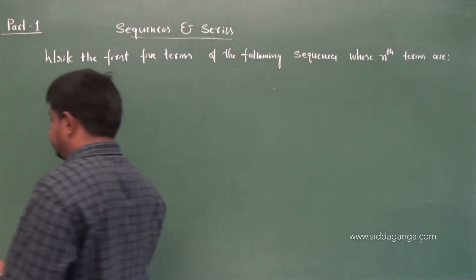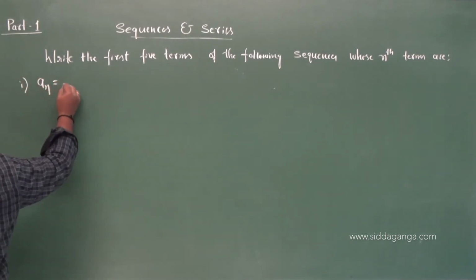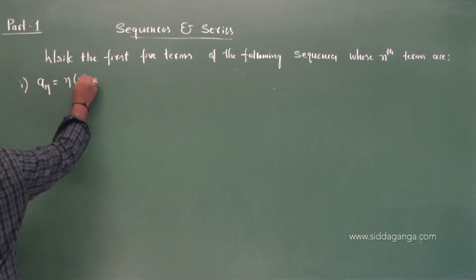First one, an is equal to n into n plus 2.